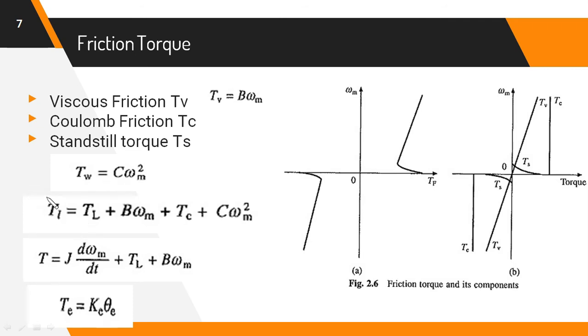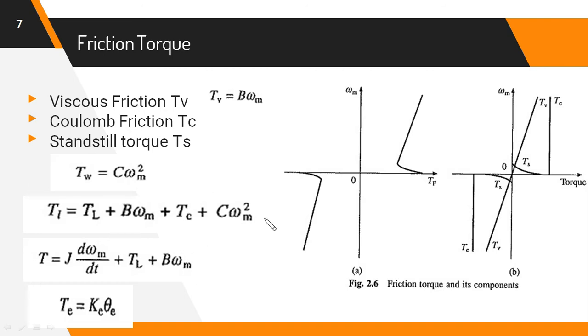Then the total load TL is the torque required to do the useful mechanical work, plus TV, plus TC, plus C omega square, which is the windage torque. So all loads are considered here.